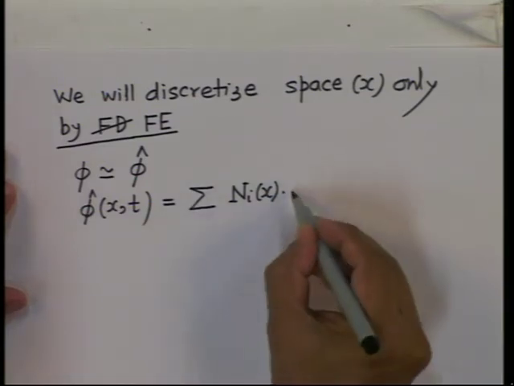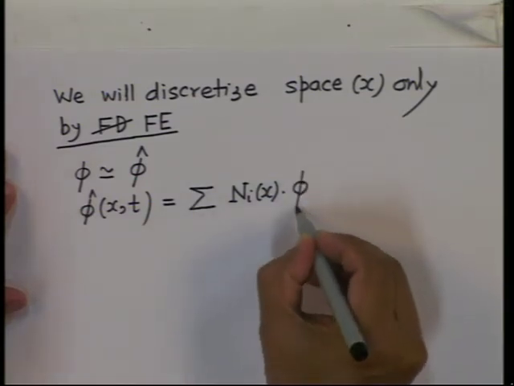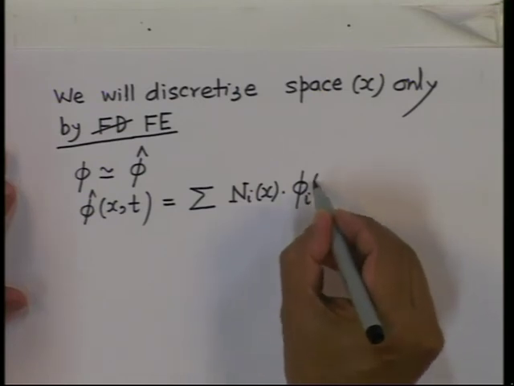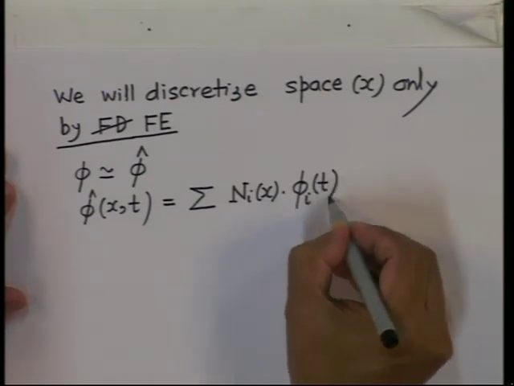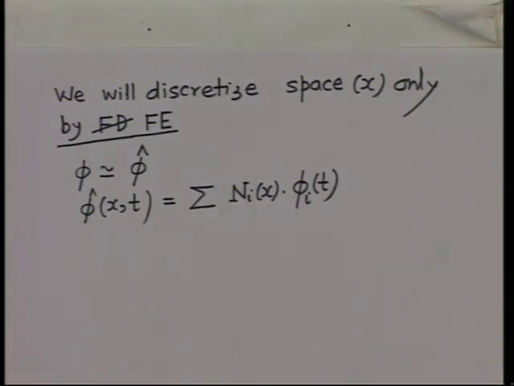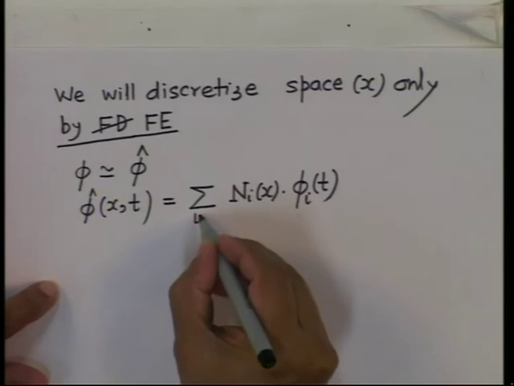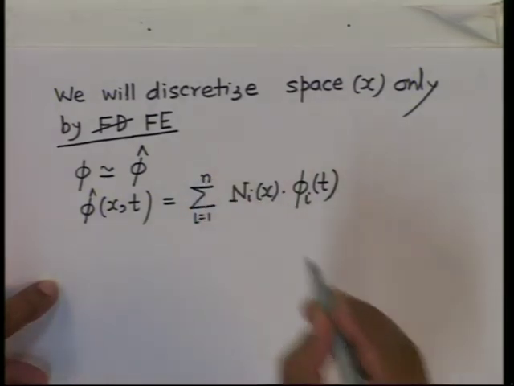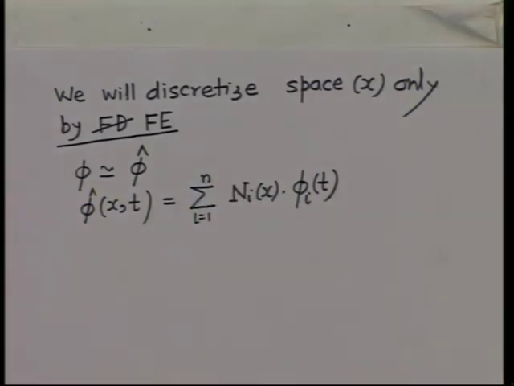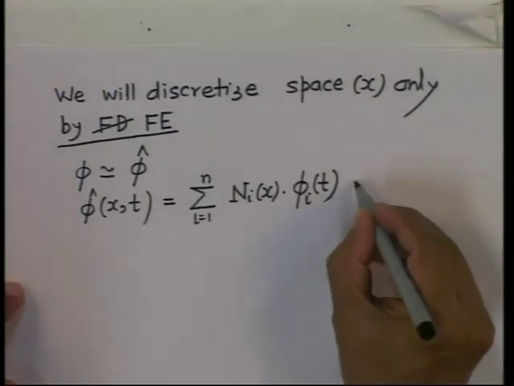Here again it will remain a nodal value, but each nodal value will be a function of time. So, i goes from 1 to n, and any number of nodes is possible. So, this is Ritz's.